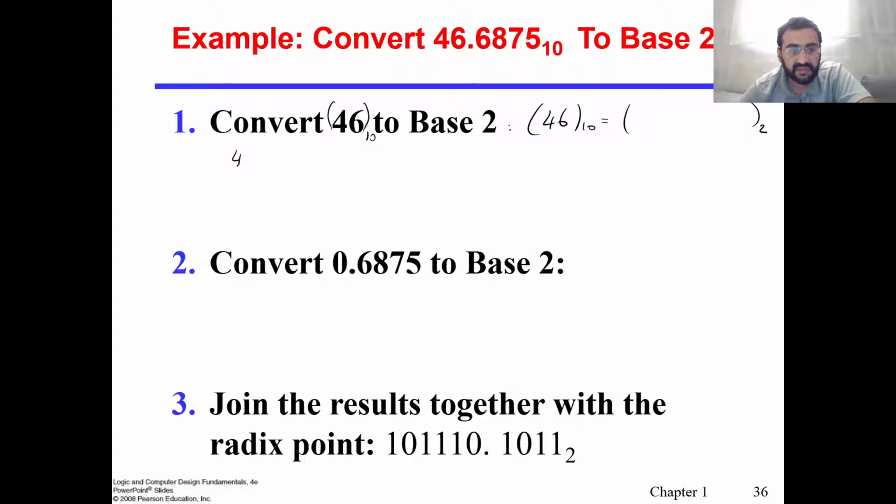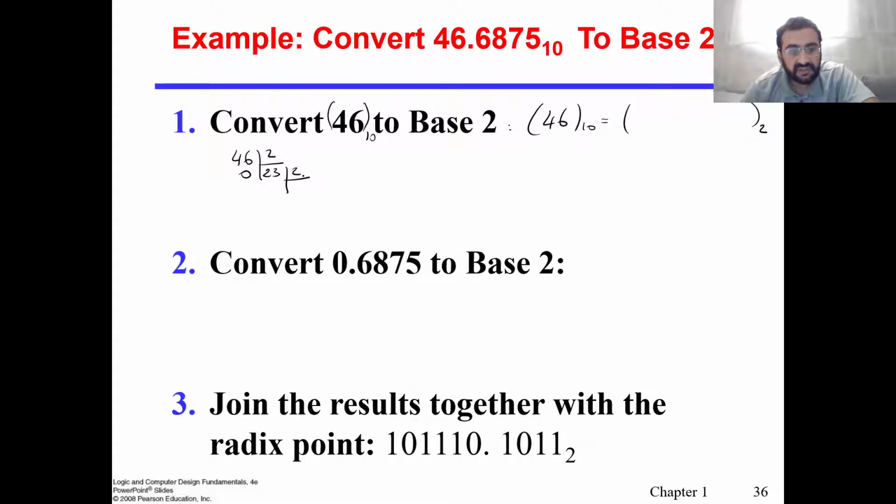Okay, so the method is to start by converting the integer part. We do not have a fractional part. So 46 divided by 2 is 23, and the remainder is 0. Then we continue until we arrive at 1 or 0.